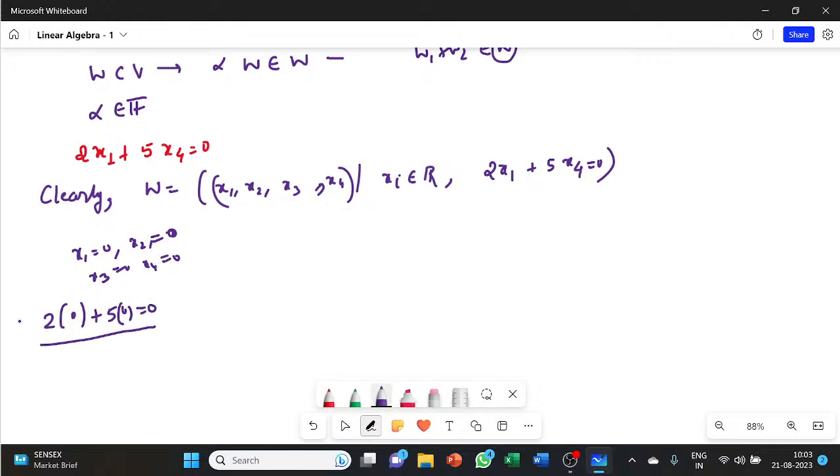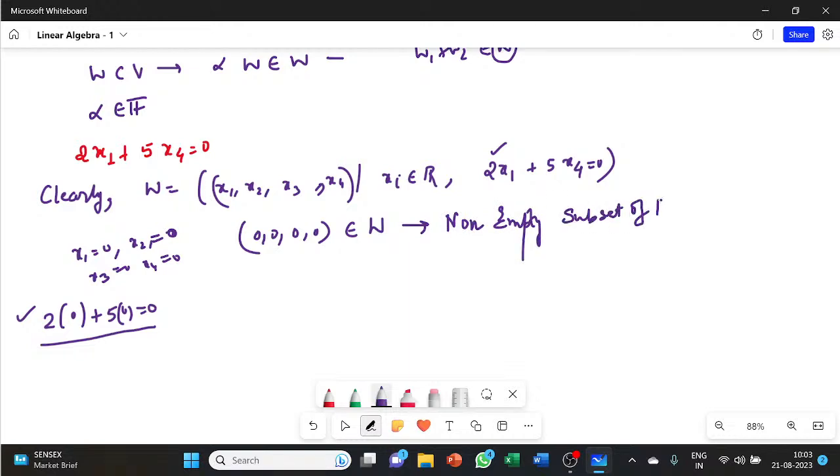Yes, indeed, it qualifies this statement. So I can say that 0, 0, 0, 0 would belong to this W. So I can claim first that this is a non-empty subset of R power 4. This is one thing that you should keep in mind.